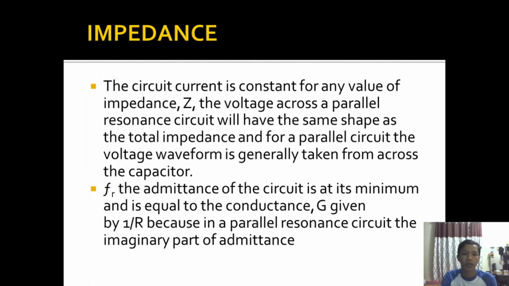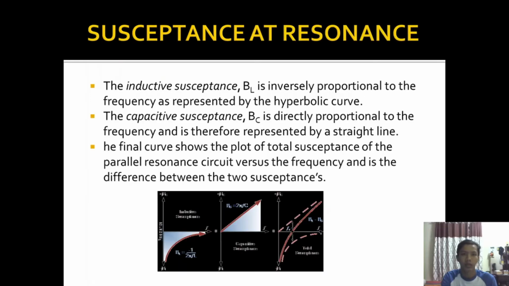Frequency resonance. The admittance of the circuit is at its minimum and is equal to the conductance G, given by 1 over R, because in a parallel resonance circuit, the imaginary part of the admittance is zero. Susceptance at the resonance: the inductive susceptance BL is inversely proportional to the frequency, as represented by a hyperbolic curve.